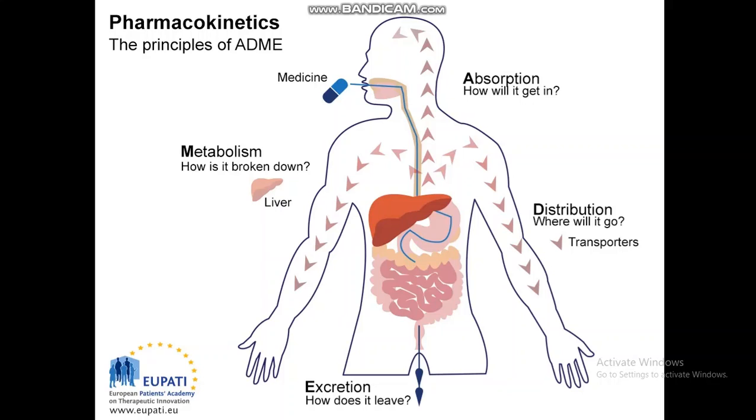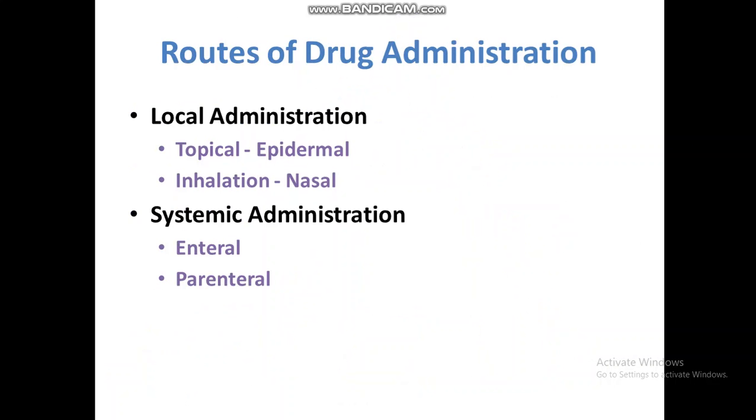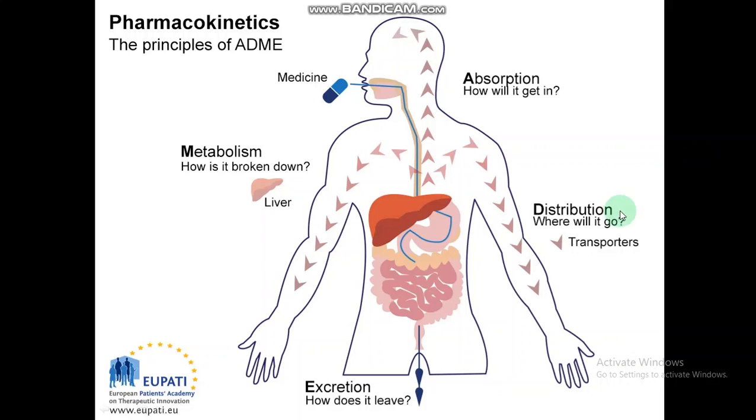And then distribution is where will it go. It means how it will be transported to the target. It may be bound with transporter proteins, or transported freely, and when it binds with the target, it should be a free medicine.